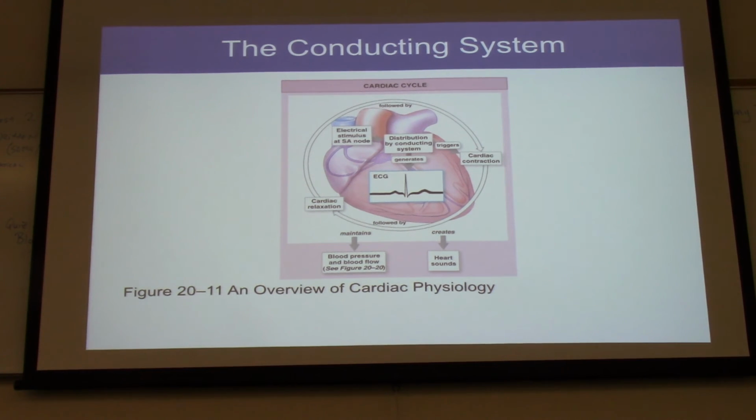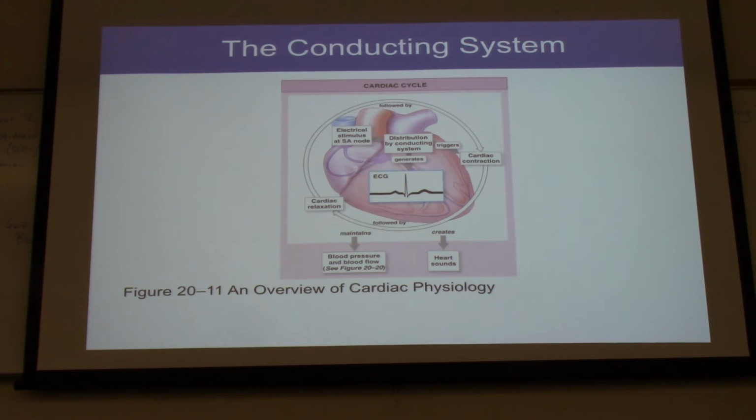So, real quickly, and then I'm going to stop for today because we're out of time. The thing starts here at the SA node with a little pacemaker happening. That little pacemaker is called the P wave right here, and its first little wave is the firing off of that SA node. You see that on an EKG. This is a standard EKG lead.